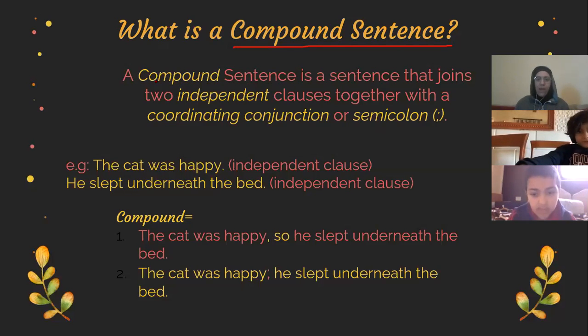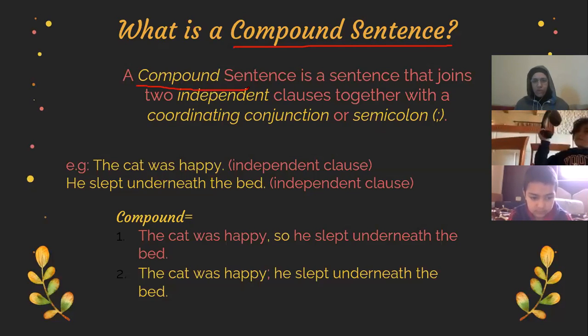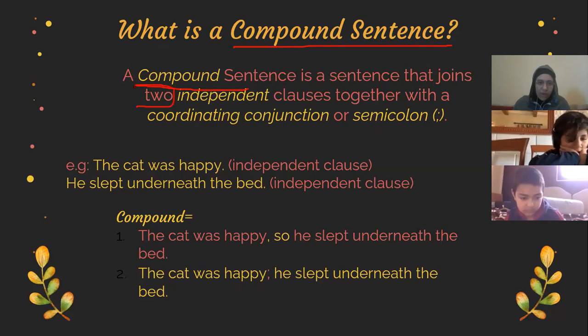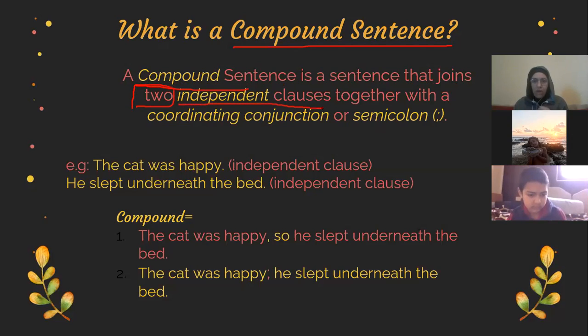Okay, so a compound sentence, guys, I'm trying my best to let all of you read and participate. And if you do not participate during this session, you can participate during the second session. Don't worry. A compound sentence is a sentence that joins two independent clauses. You see how many? Two independent clauses together. How?